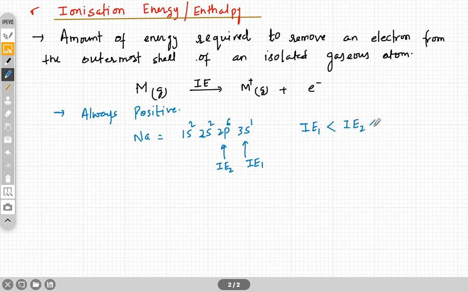IE1 is less than IE2, IE2 is less than IE3, and so on.